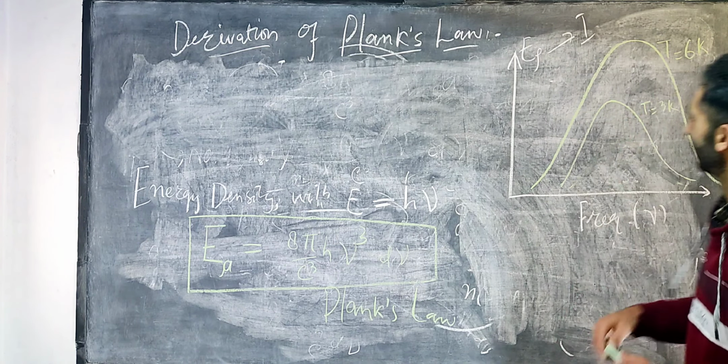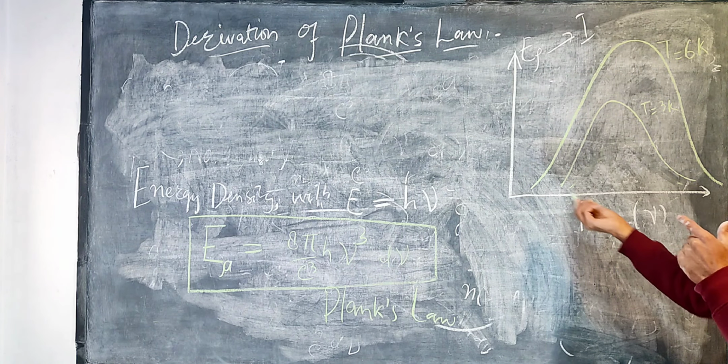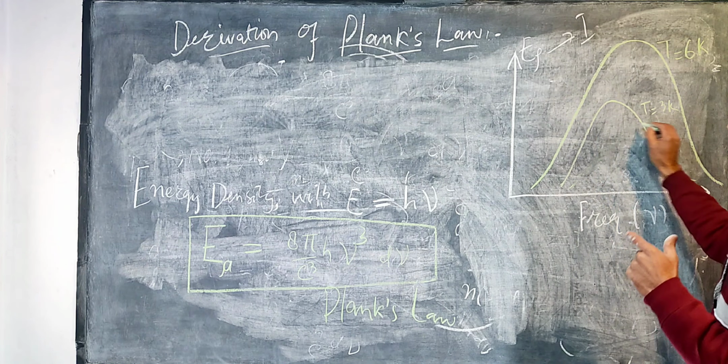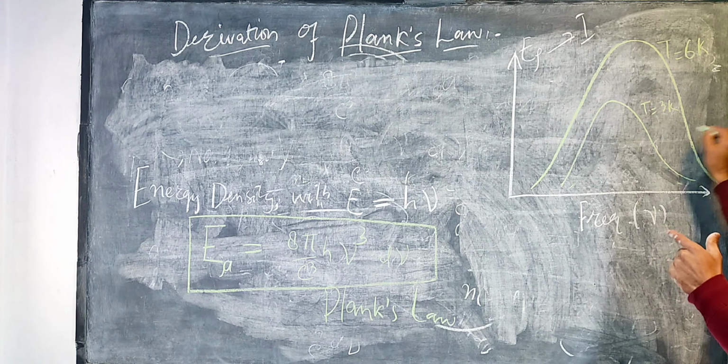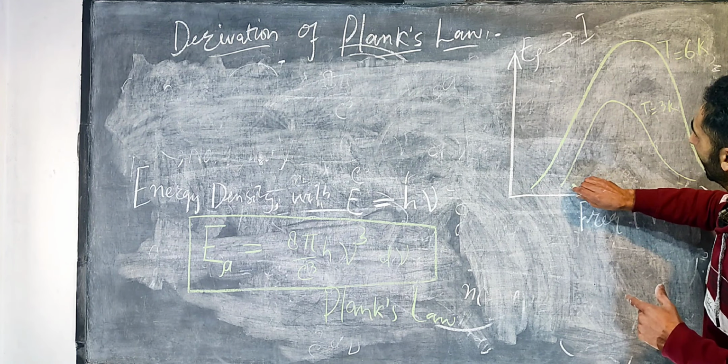Keep that in mind, because if the graph is drawn between the intensity or the energy density and wavelength, then the peak shifts towards the right side, and here, with respect to frequency, the graph shifts towards the left side.